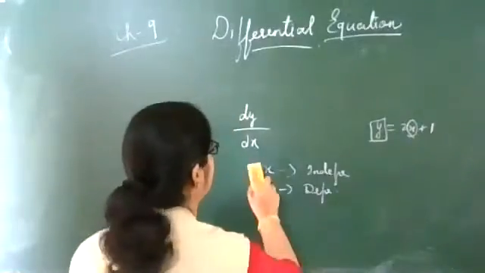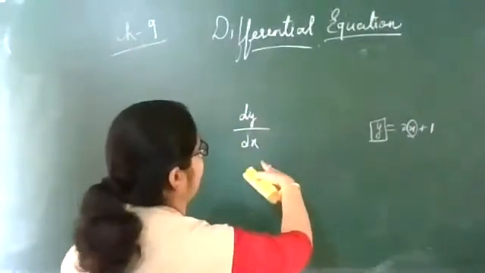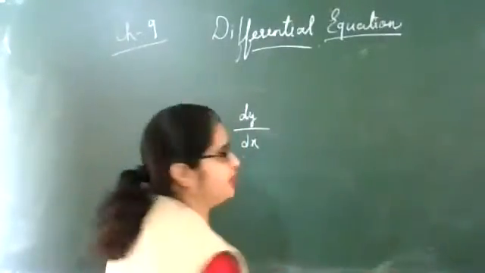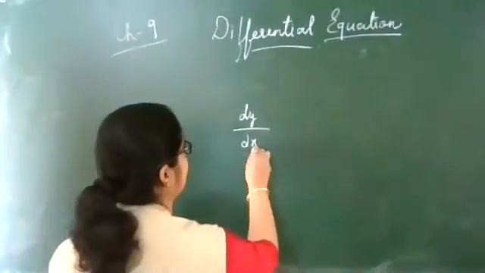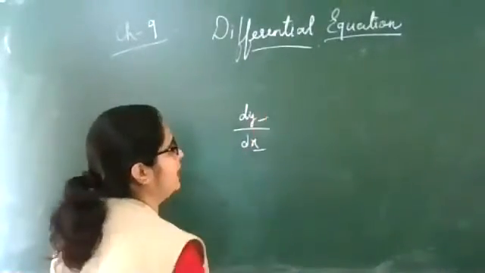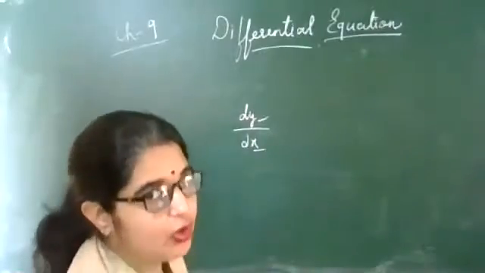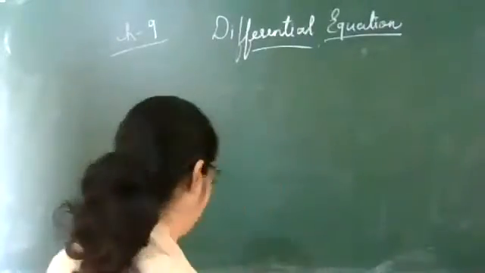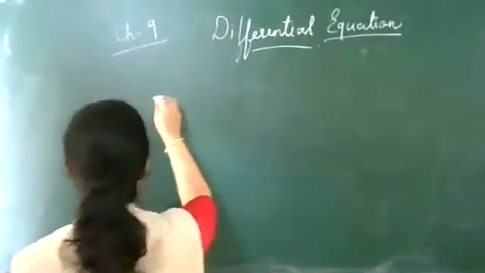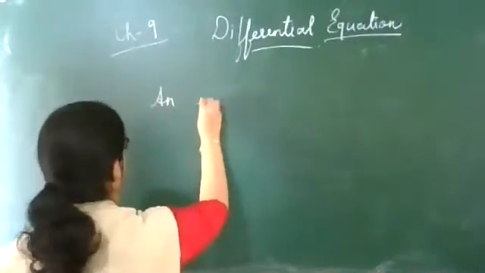Same way, in dy by dx, we are differentiating y with respect to x. So x is the independent variable, y is the dependent variable. If you want, you can write the definition of differential equation.